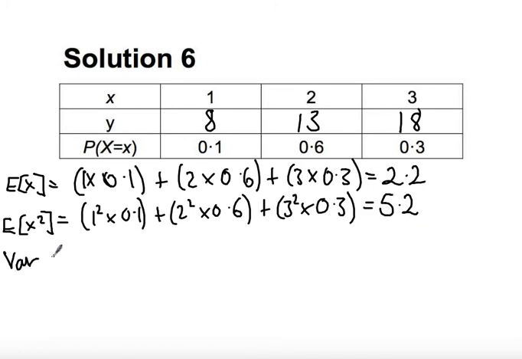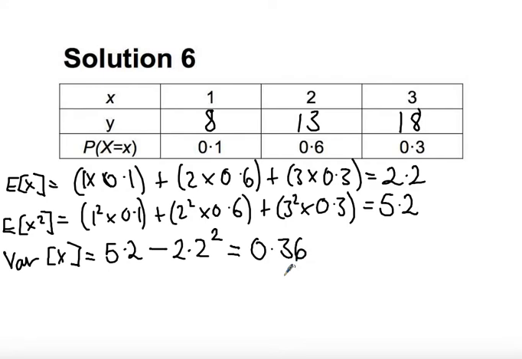So my variance of x is equal to the expectation of x squared, which is 5.2, take away the expectation, or the mean, 2.2 squared. If we put this into our calculator and evaluate it, we get the variance of x is 0.36. Okay, let's have a look at doing the same for y.